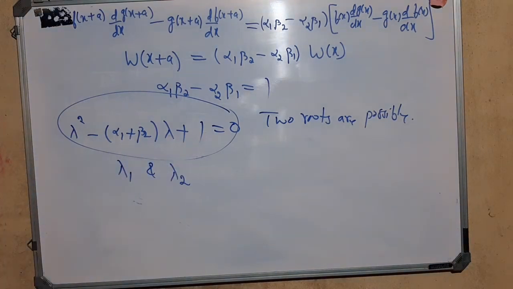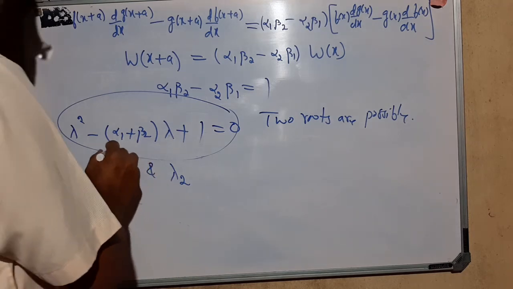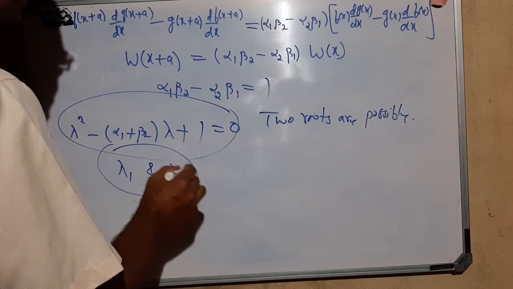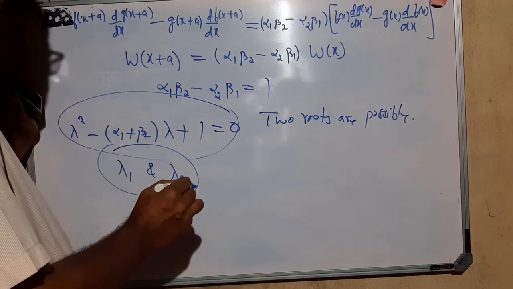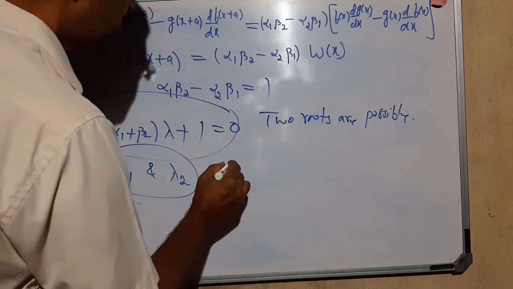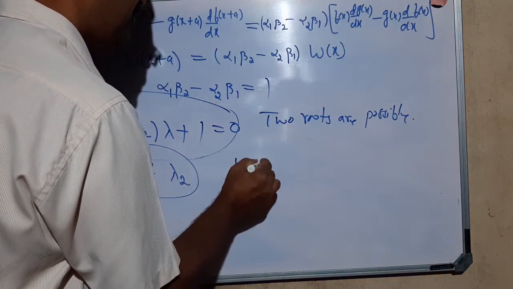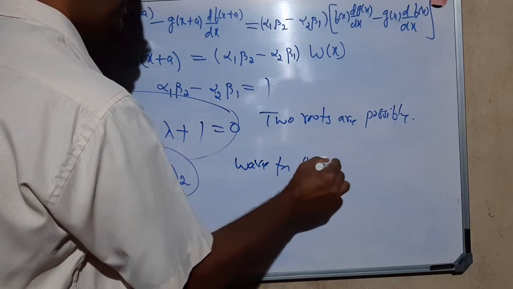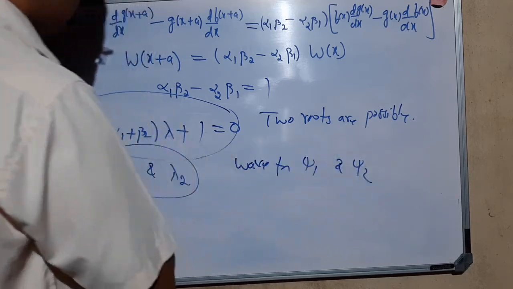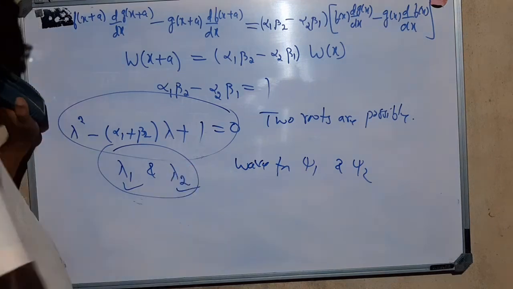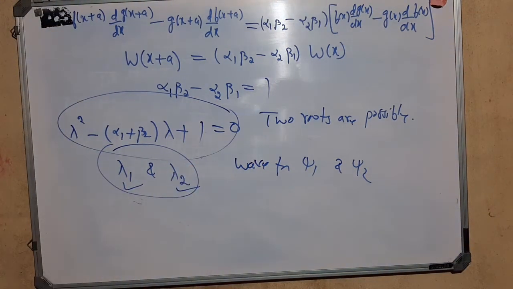Right? If there are two solutions, then corresponding to two solutions, we are having two wave functions, xi 1 and xi 2. One wave function corresponding to lambda 1, the other one, xi 2, corresponding to lambda 2.